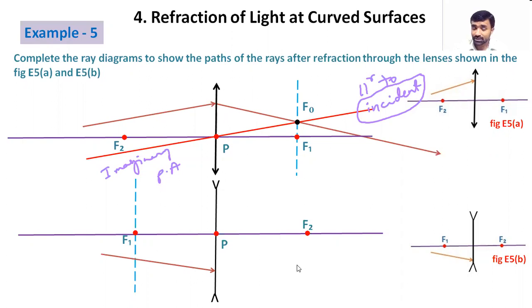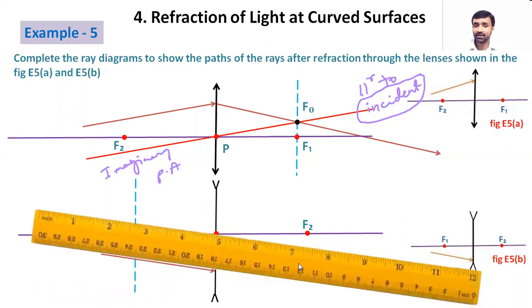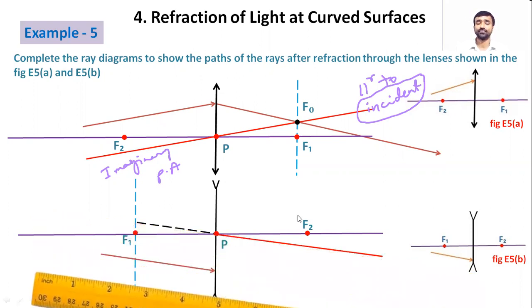So what to do? Just place your scale, then draw a line from the focal plane before the lens, shown as a dotted line. After you construct the line, remove your scale.